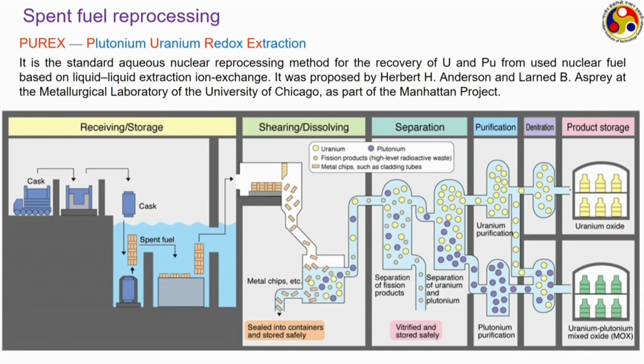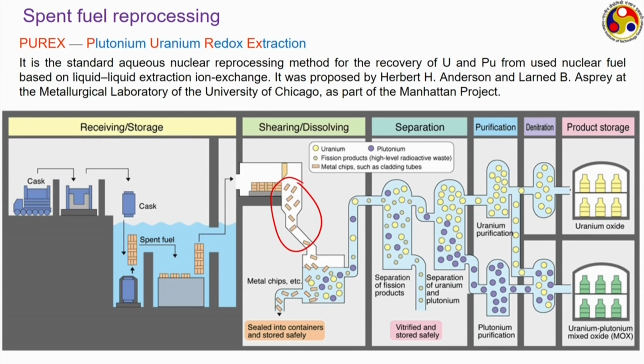This is a standard chart of reprocessing. The unused fuel or the spent fuel is taken to the shearing or dissolving unit, where, like I mentioned in the previous slide, it is chopped into smaller units. The cladding is also removed from this.